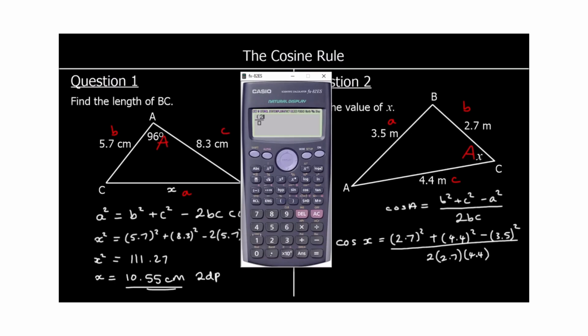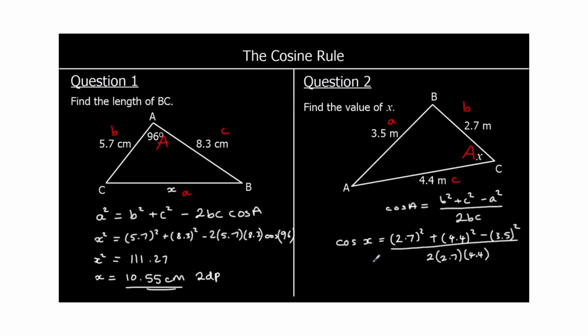We've got 2.7 squared plus 4.4 squared minus 3.5 squared over 2 times 2.7 times 4.4. So we've got 20 over 33. I'll just leave it as that. So cos x is 20 over 33.